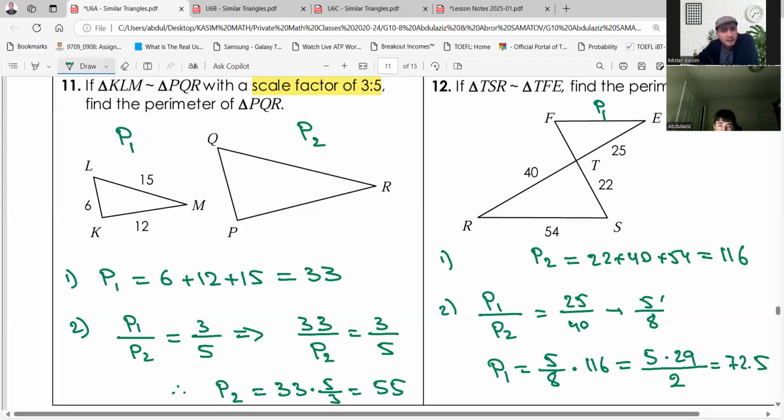Did you say 30? It's not possible. How can it be 30? Abdulaziz, it's a perimeter. It cannot be 30.